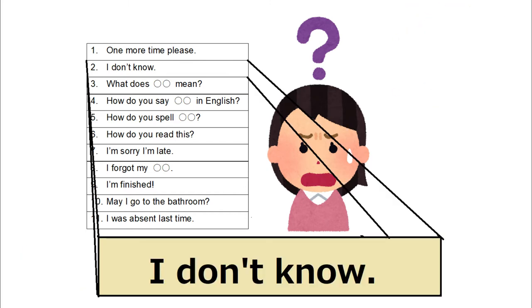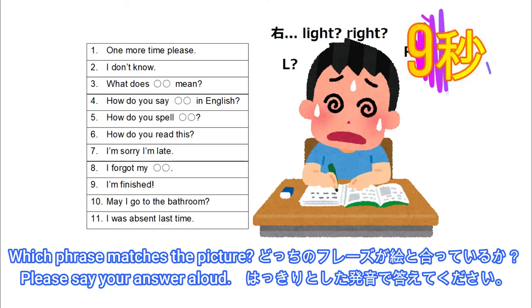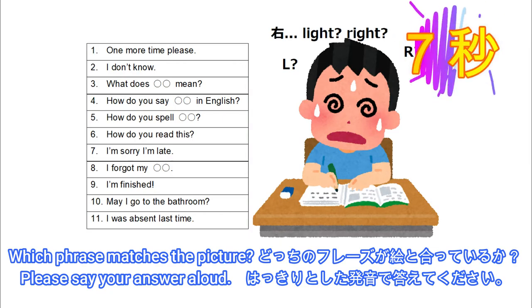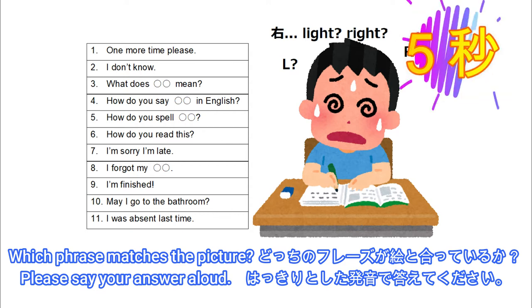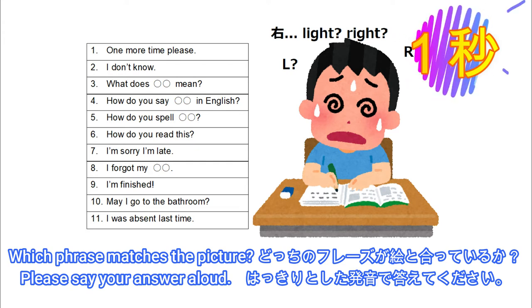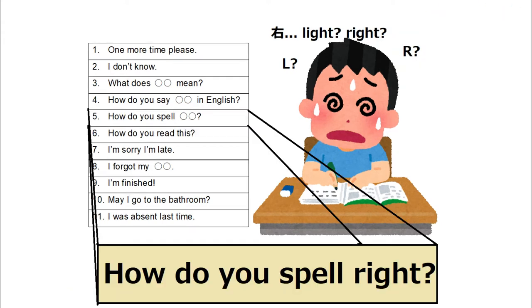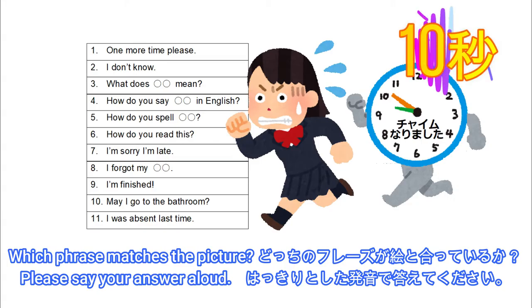That's right. The answer is I don't know. Let's look at picture 2. That's right. How do you spell right? Let's look at picture 3.